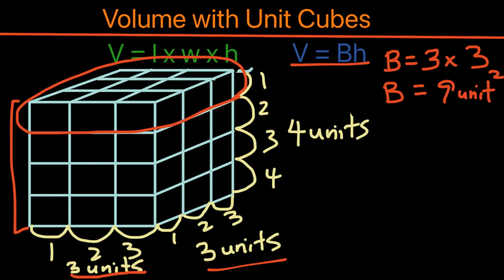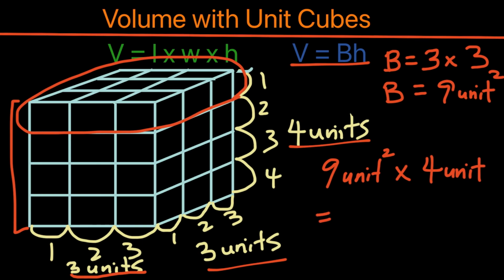Now, because there's only 2 units, unit times unit becomes unit square. Now, we have the base. We will only need to times it by the height. And the height we know is 4 units. So we would take 9 unit square times 4 units.